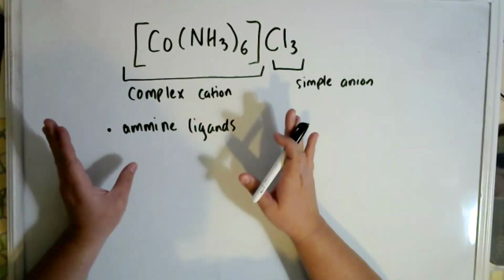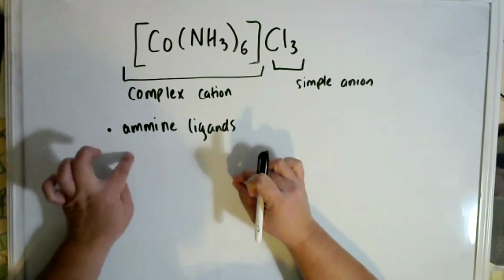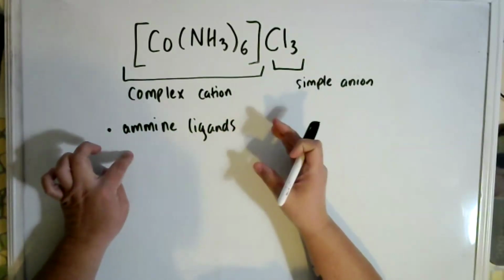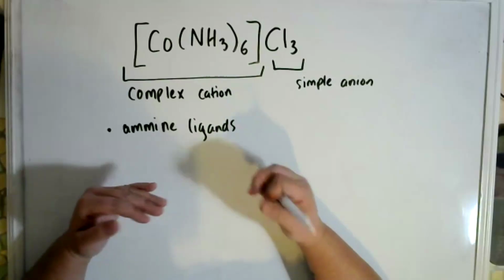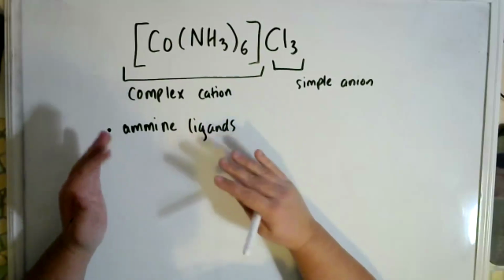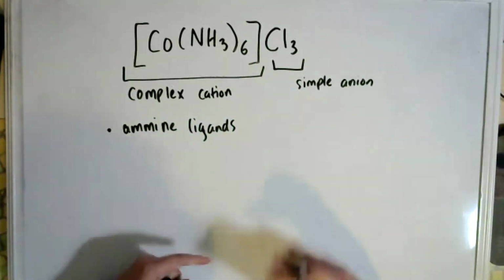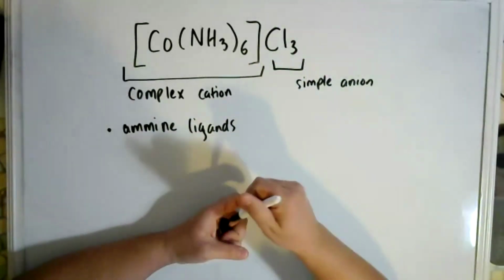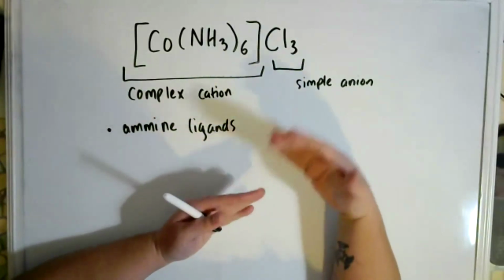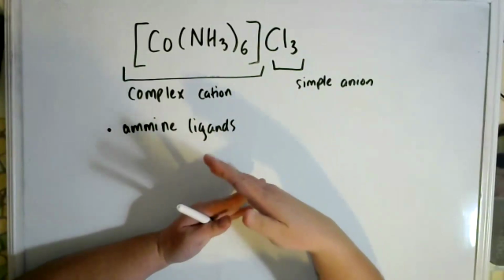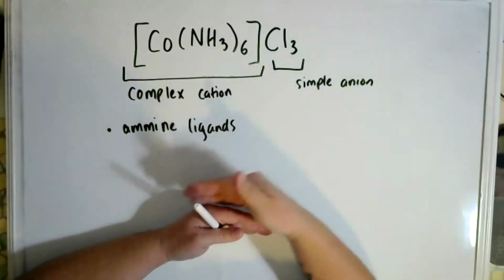After everything is alphabetized, you're going to use a prefix before the ligand name to tell us how many ligands there are. The type of prefix that we use depends on the type of ligand that we're working with. So again, this is why you have to know the names of the different ligands, because you have to be able to tell when you're using one type of prefix versus another.